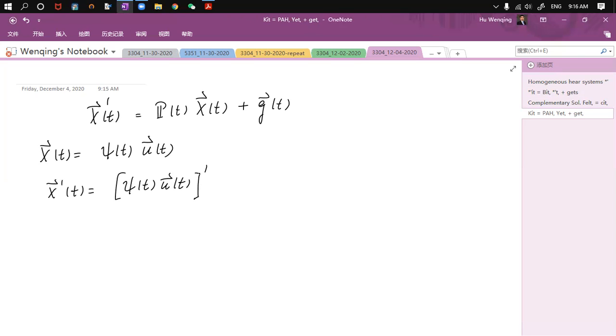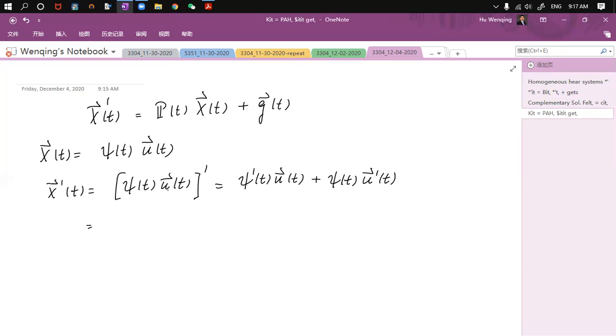This looks very strange: it is a matrix multiplied by a vector, and you take a derivative. I claim that this is the same as the product rule, which means you can formally apply the product rule: psi prime u plus psi of t multiplied by u prime of t. Now, some people are going to say, well, this is just formal. How are you going to justify it?